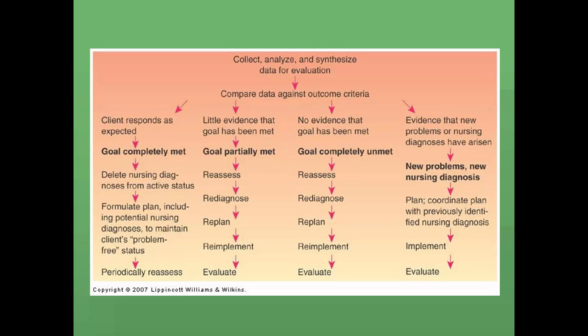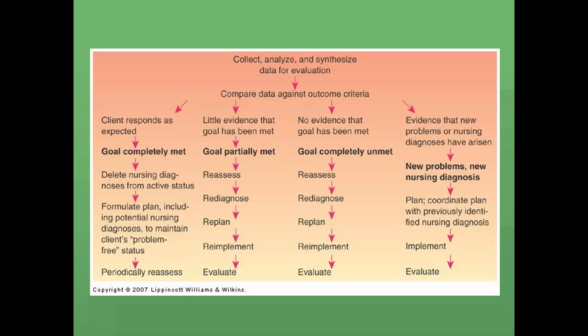And as you can see, if you go to the far left column, that would be a situation where the client responds as expected, and our answer to the question, was the outcome goal achieved, is yes, the goal is completely met. In that case, we delete the nursing diagnosis from active status and then periodically reassess, but that's no longer an active problem for that individual.